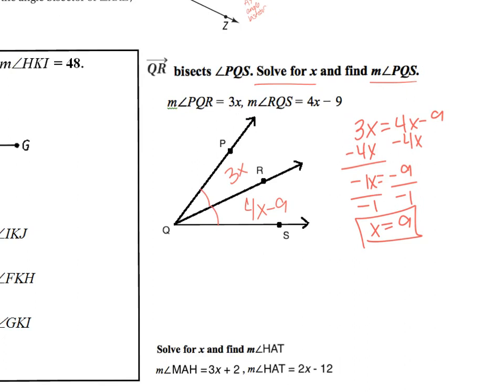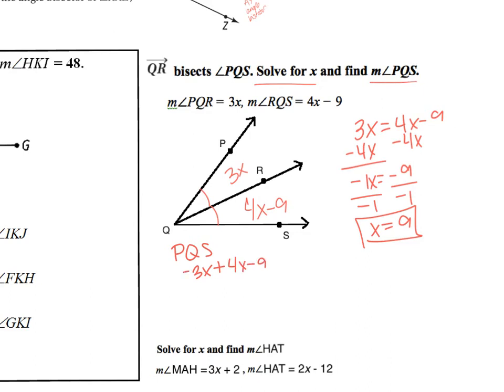Sweet, there's one answer, and then we have one last little piece of this. Oh, I'm sorry, I'm doing the wrong one. I want to find what PQS is, the whole thing. So PQS is going to be 3X plus 4X minus 9.